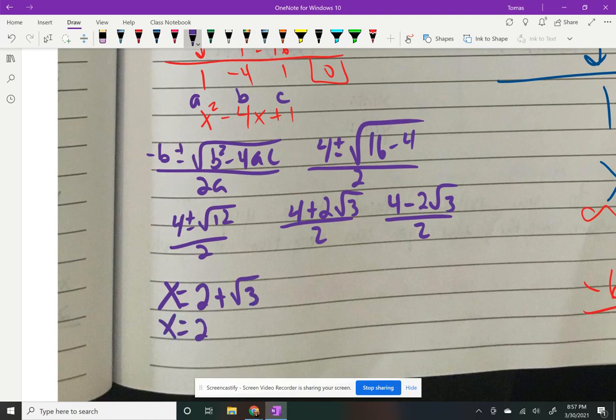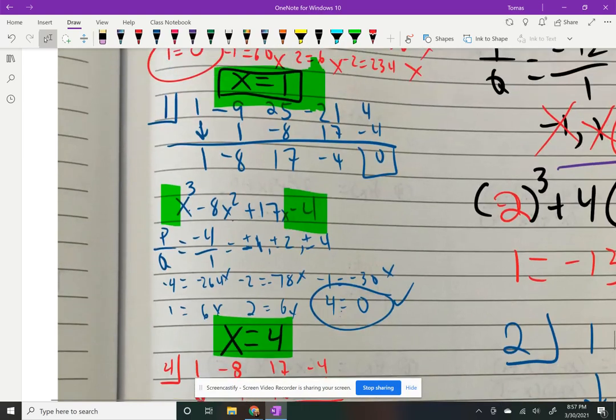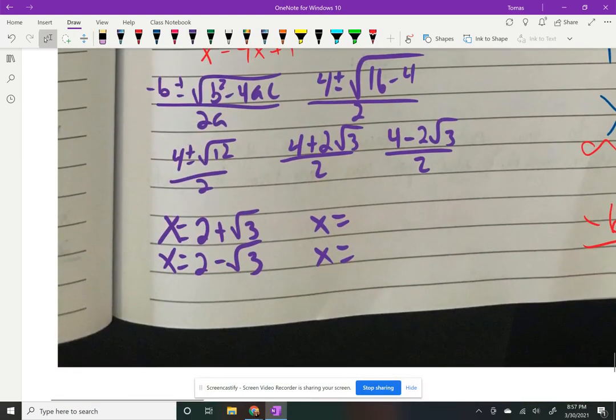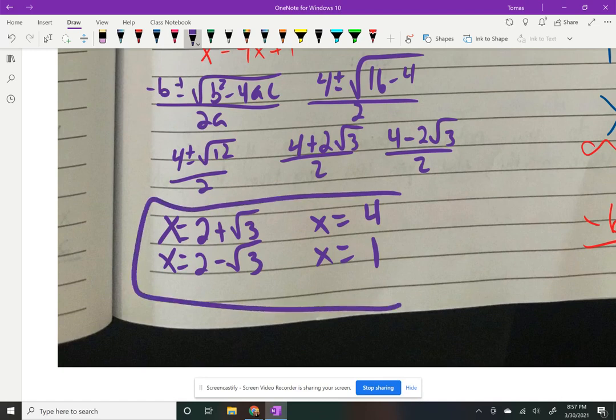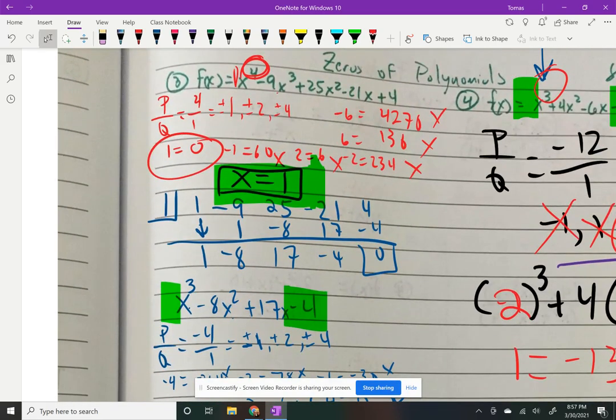X would be 2 minus square root of 3. And then, of course, our other factors that we found earlier were 4 and 1. And lo and behold, we got 4 answers for x. That makes sense because we had a degree 4.